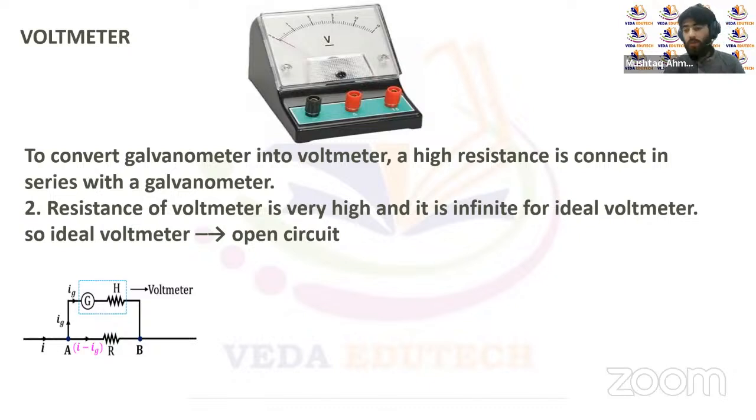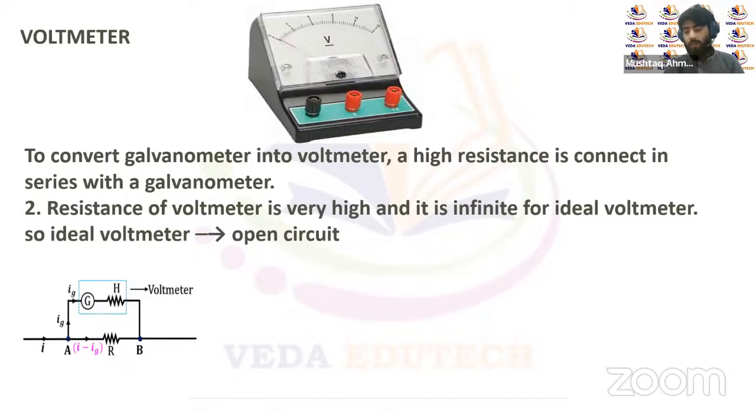So in order to avoid that, we want to increase the resistance of this voltmeter, so that there will be no current through the voltmeter, and it will measure the potential drop across the given resistor with high accuracy, right?